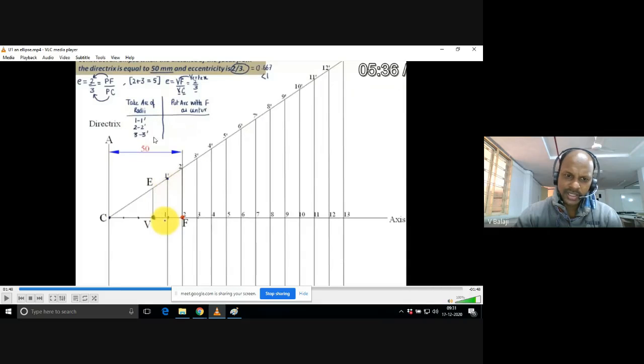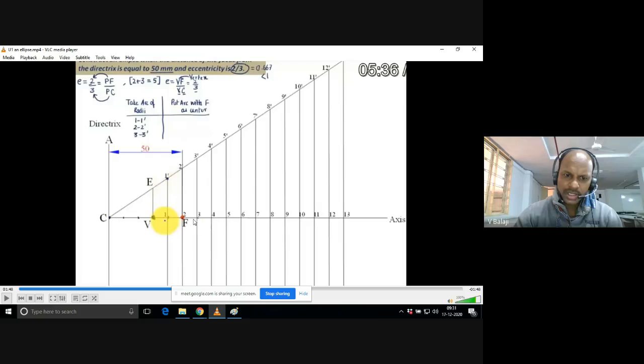First radius is 1 1 dash, second radius is 2 2 dash, third is 3 3 dash, and so on. You need to change the radius, but while cutting the arcs, you have to maintain the focus as the center. This red point here is the focus, which is at a 50 mm distance.